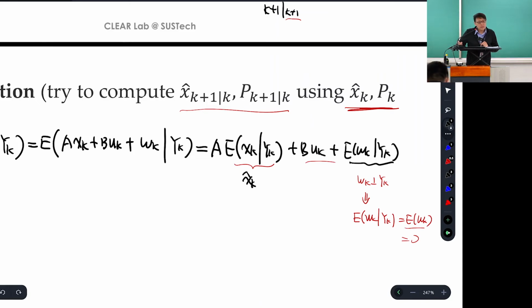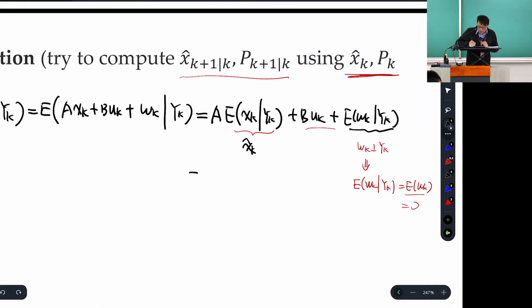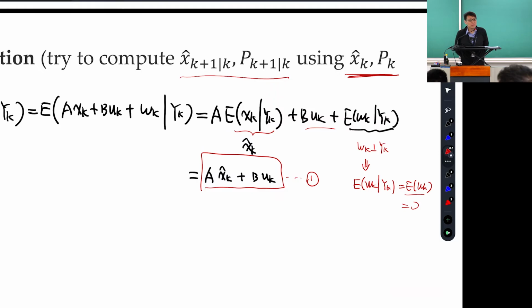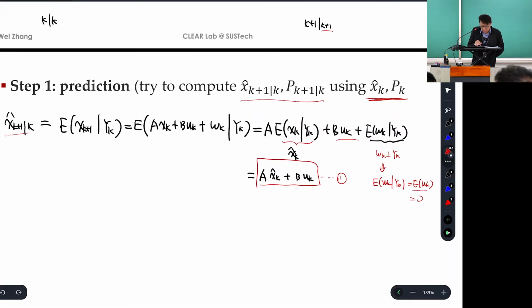XK hat. All right, so overall I have A XK hat plus B of UK, no more. Okay, I have this formula now. I call it 1. Like a linear system now, right? This equals this.